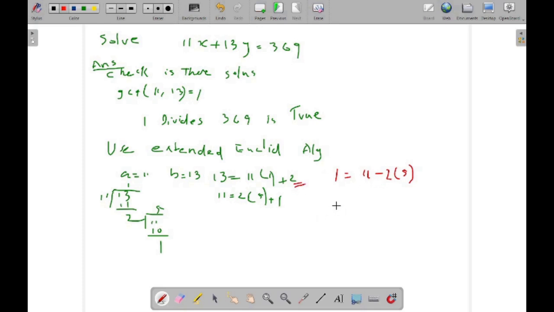So this is equal to 11 minus 13 plus 11 into 5, and plus 11 into 5.